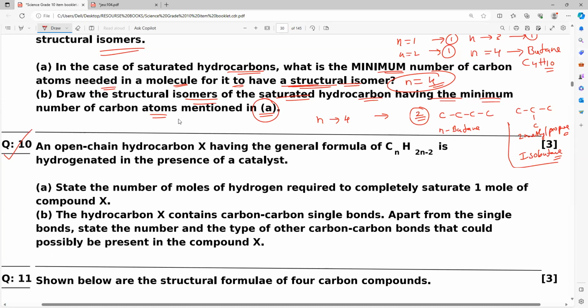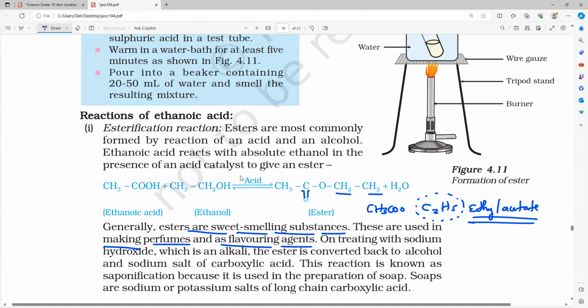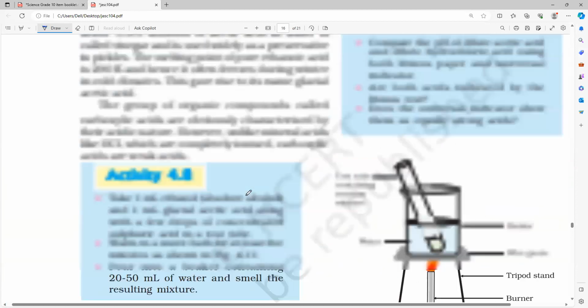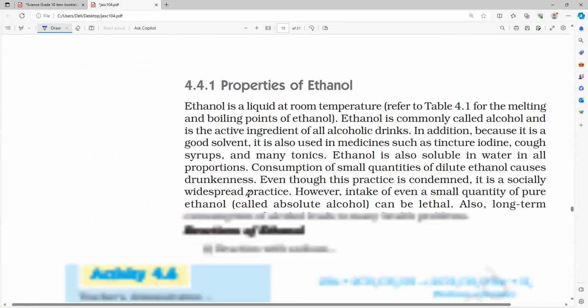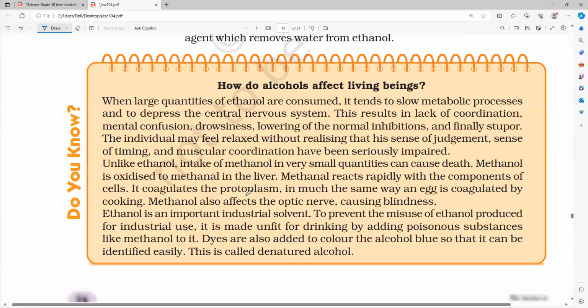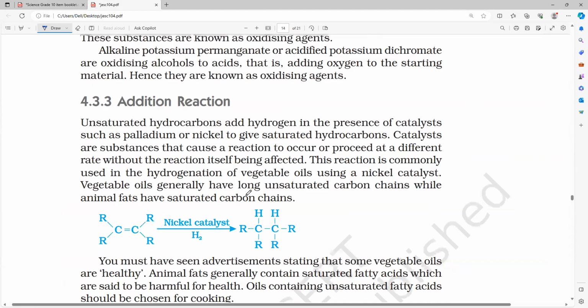So again I'm saying, remember hydrogenation of oils. What is the name of the reaction? Addition reaction. Am I right, everyone?